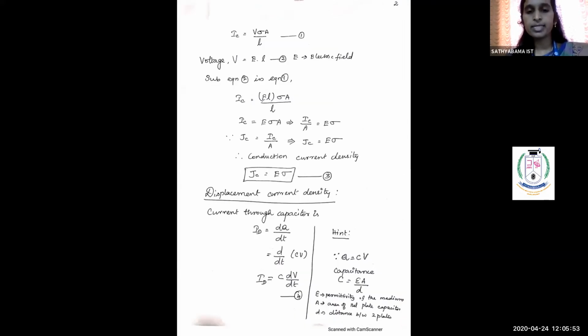So in that place we are going to substitute, instead of J, J_C plus J_D. We have found out J_C, that is our third equation, J_C is equal to sigma E, and J_D is equal to dD by dt.